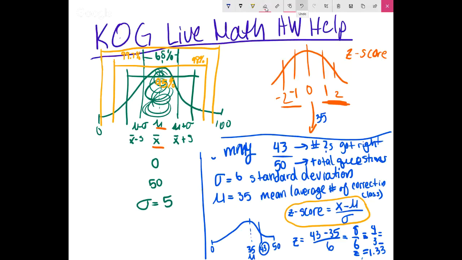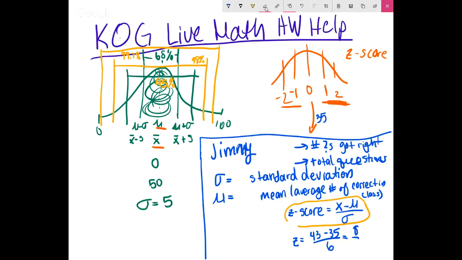Actually, let me keep some of these words, because all I'm doing is changing numbers. Okay, so we're going to talk about Kristen now.